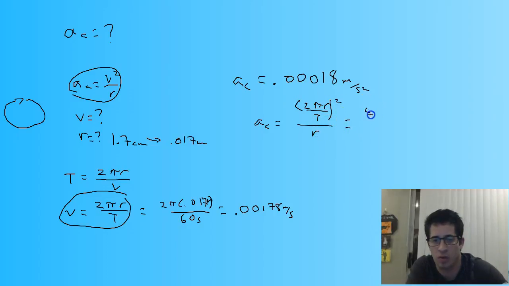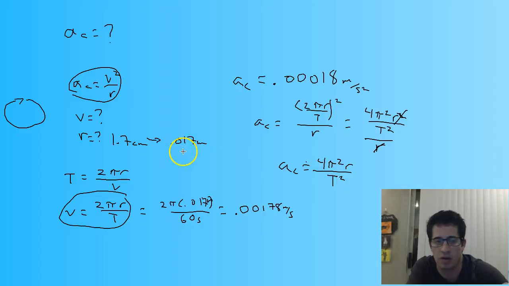We get 4 pi squared r squared over t squared, over r, and then this r will cancel with that squared, and we get a sub c, centripetal acceleration, equal to 4 pi squared times r all over t squared. If you plug in the value for r and the 60 seconds for t, you should end up with something pretty close to that 0.0018.